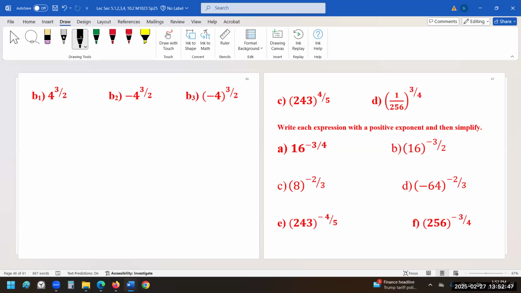Okay, so for this one, it would be 3 times 2, and then they cancel out. Oh yeah, and this one is 2 to the third. Wait, where'd you get negative 8?